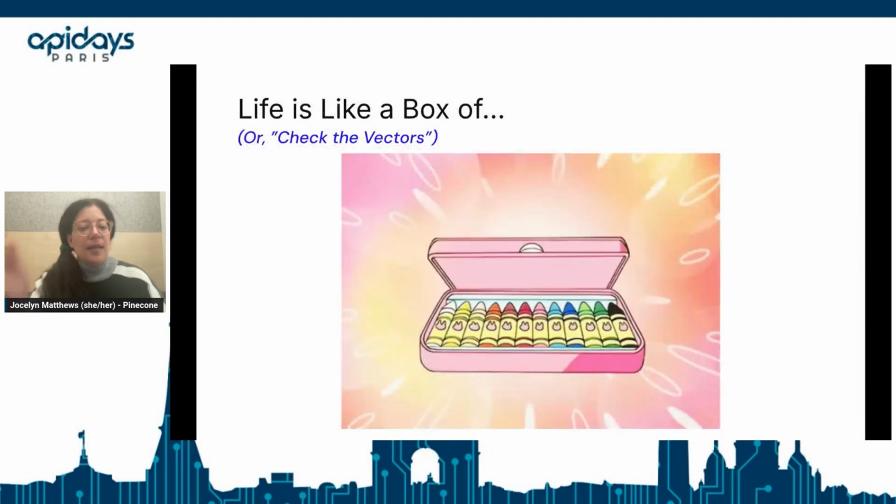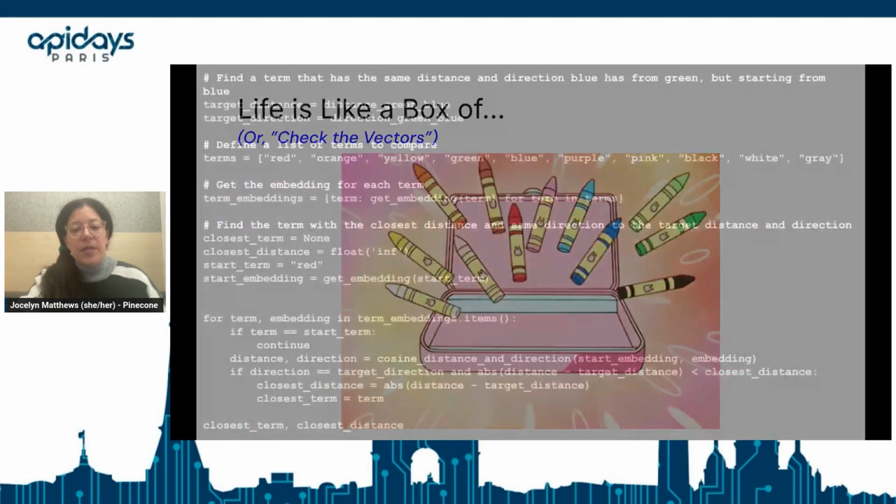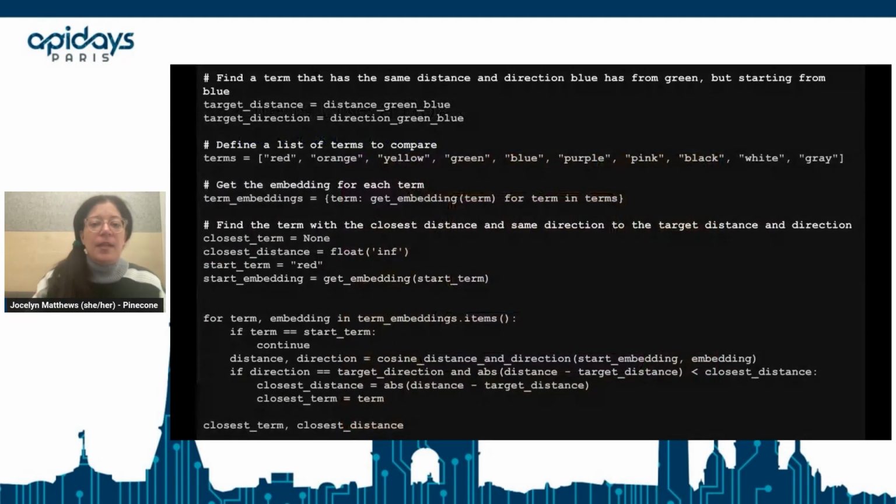But I want to say that when we were working with this, we decided that we wanted to always check the vectors. And so we played around with different color term pairings, different start colors in different directions. And what we were looking for was the distance between blue and green, and then, for example, red and orange, hoping that we would see the evidence that would prove out what I'm talking about. But what happened was something really interesting.